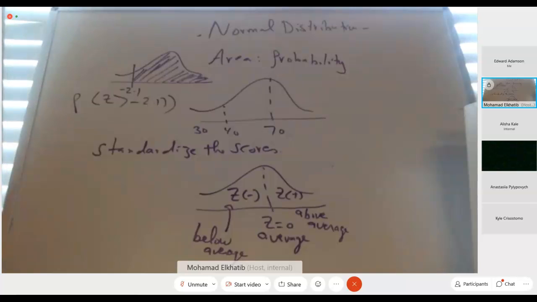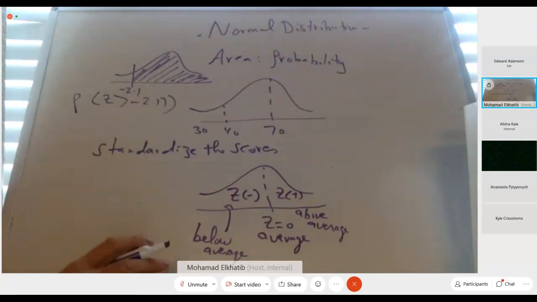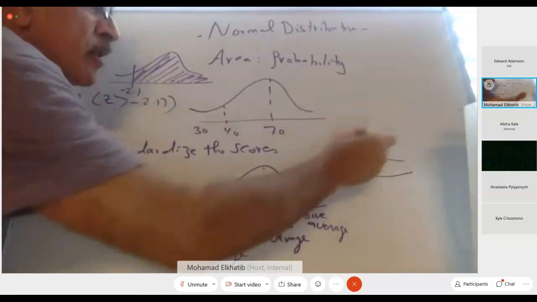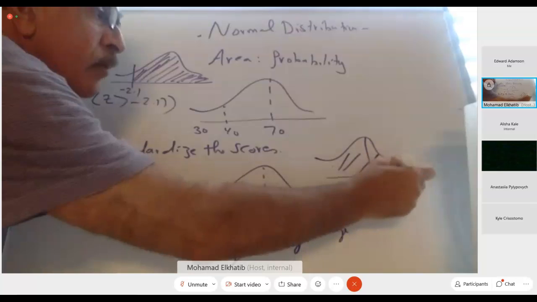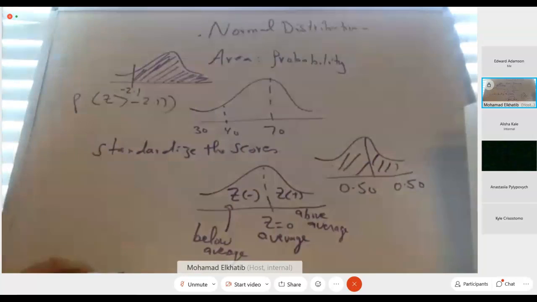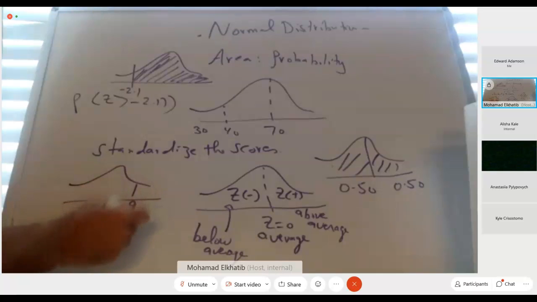So the larger the area, the higher the probability you make it. Now the total area is what? 1. That's 100%. The area here is 50%, 0.5, and the area here is also 50%. So if I ask you, for example, what is the probability that you make a score more than 90, which is like, let's say, 3 point something, so you're over here, or the Z score, let's say, is 2.5.